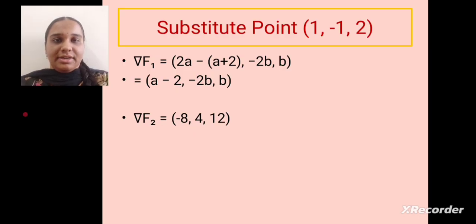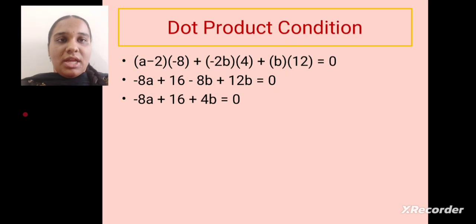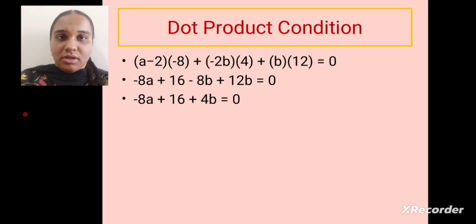Then gradient f1 is gonna be a minus 2, comma minus 2b, comma b, and gradient f2 is gonna be minus 8, 4 and 12.